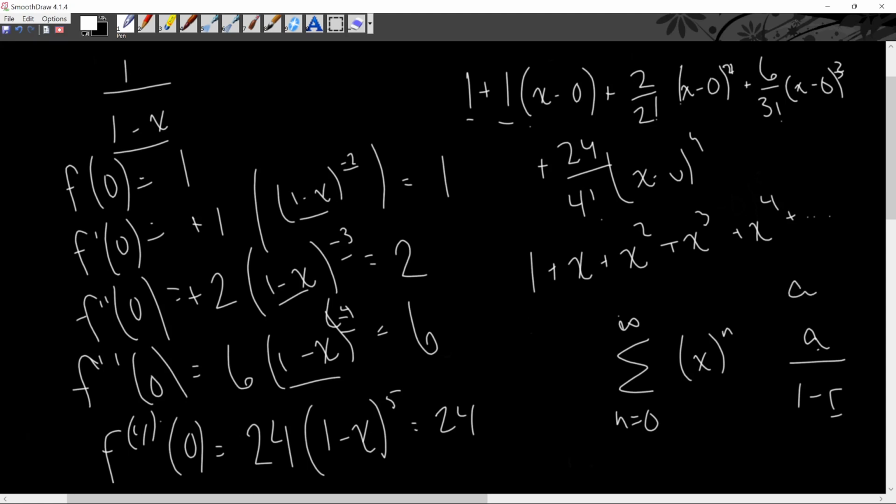But if a is equal to 1, and you have 1 over 1 minus r, with the common ratio being r, if r is equal to x, then the sum of the geometric series would be 1 over 1 minus x.